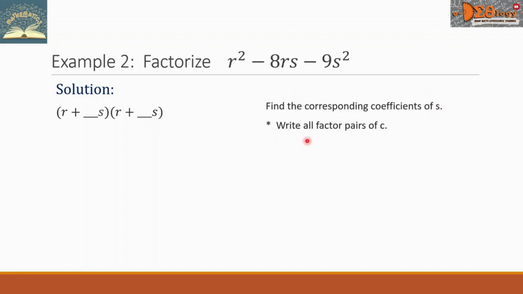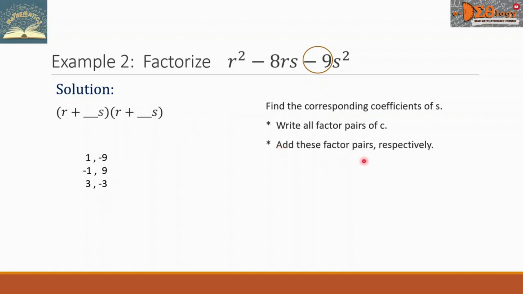We will write all factor pairs of c. The c here is negative 9. Considering that this is negative, it means the factor pair must be of opposite signs. So, the factors are 1 times negative 9, negative 1 times 9, 3 times negative 3.